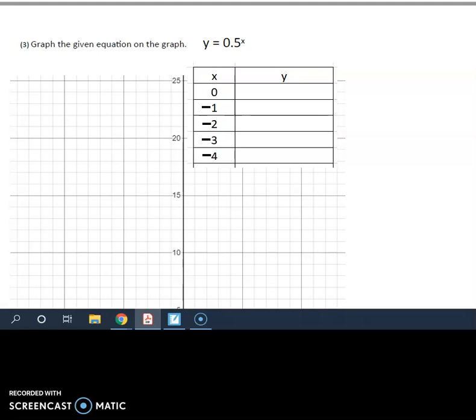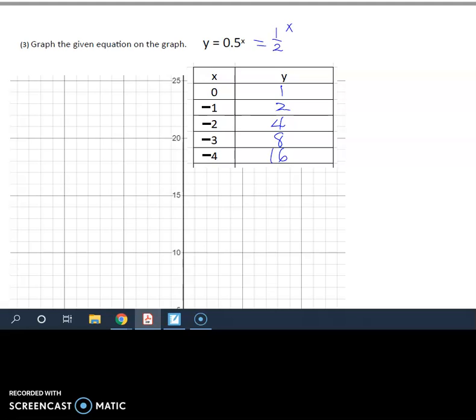So at 0 it is 1. 0.5 to the negative 1 is 2. Negative 2 is 4. Negative 3 is 8. And negative 4 is 16. So this 0.5 really is 1/2 to the exponent of x.